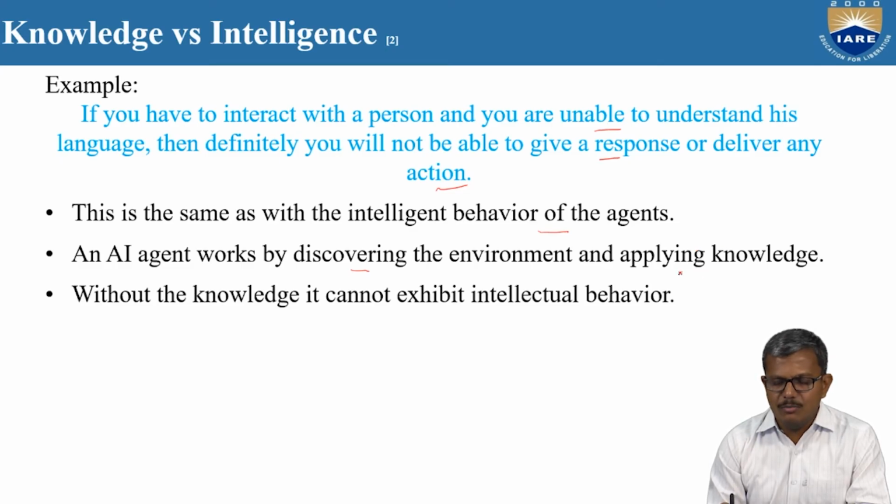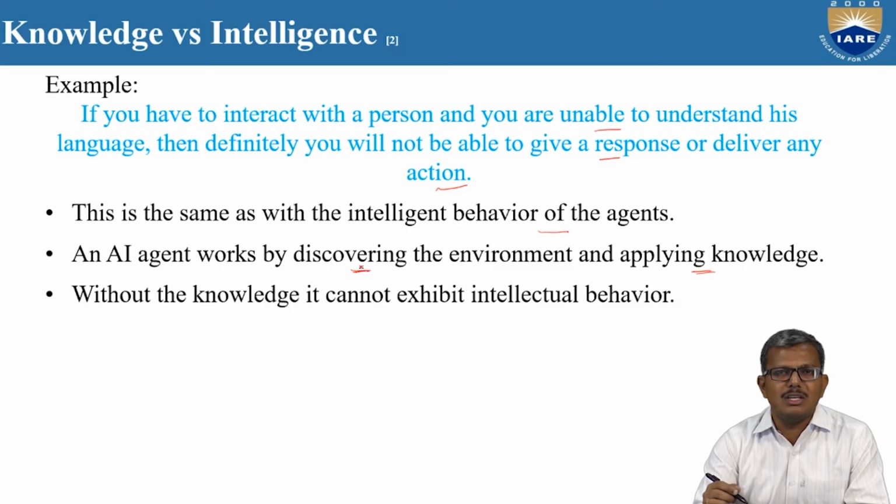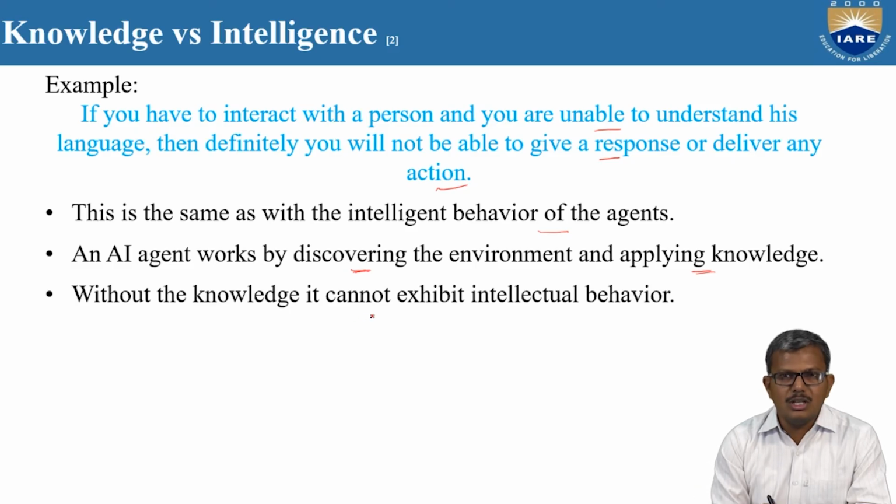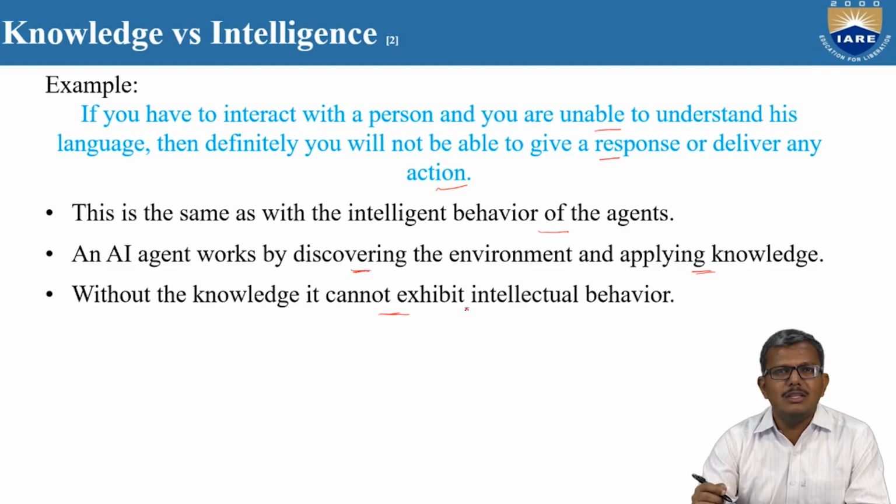How is it doing that? By applying the knowledge, it works by discovering the environment, meaning the actual situation in the real-time scenario. Without that knowledge, we cannot say that the AI agent is going to exhibit intelligent behavior.